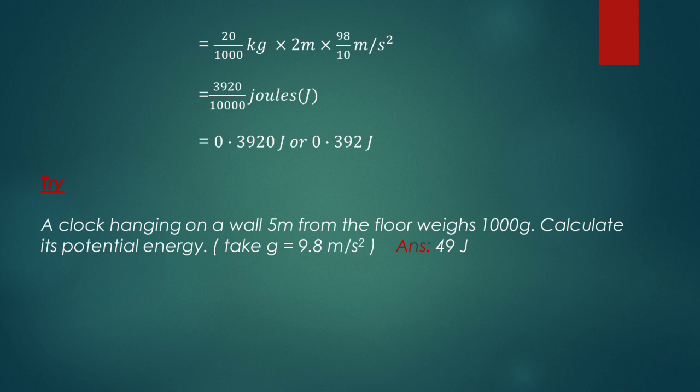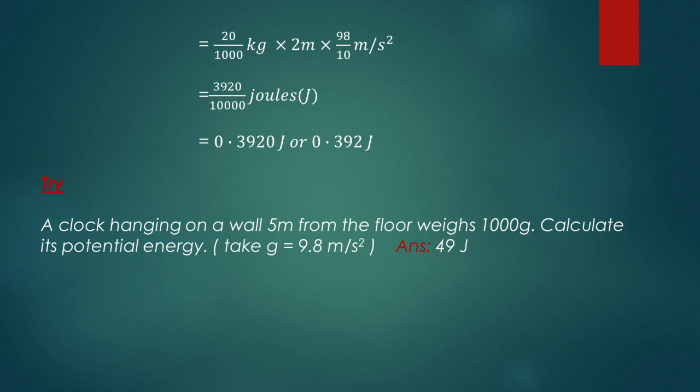So by multiplication of numerators and denominators, we have 3920 out of 10,000, all measured in joules. So by simplification, we have 0.3920 joules, or simply 0.392 joules.